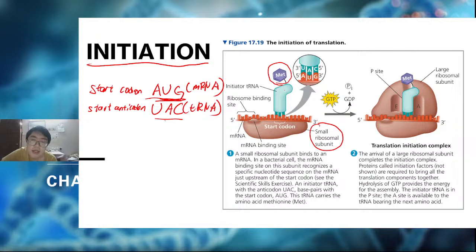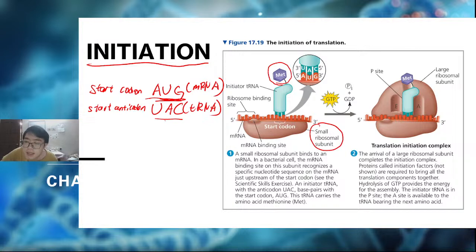It will locate at the start codon, bind to there. Okay, after that it will require GTP, and then the large ribosomal unit will bind to it. It will come, and then it will bind with the small unit and they form like this.